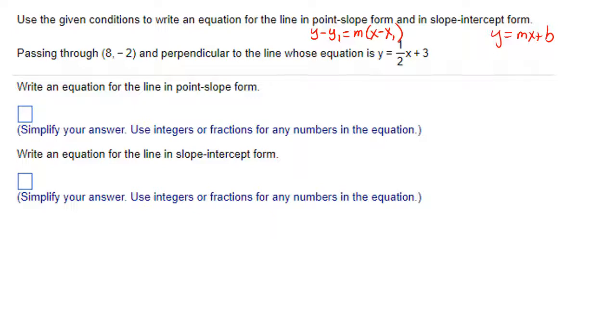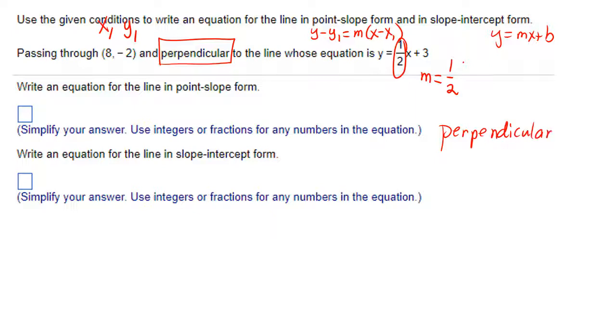This time my ordered pair is the x1, y1. The slope of the line that is given is positive 1/2. But I am asked to find a line that's perpendicular. Perpendicular lines cross each other at a right angle. So perpendicular slopes have opposite signs and they're reciprocals.